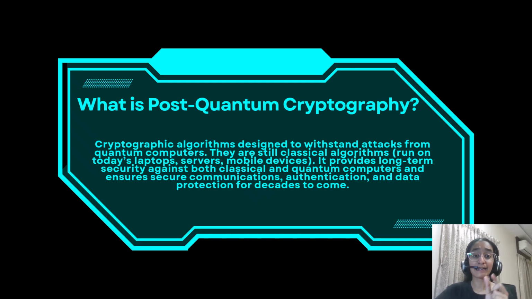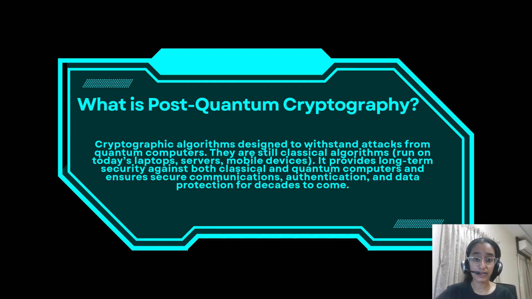It's about building cryptographic systems that stay secure even if powerful quantum computers exist. PQC algorithms are designed so that Shor's algorithm and Grover's algorithm don't give attackers an advantage. For example, RSA depends on factoring, and Shor's algorithm breaks it really easily.